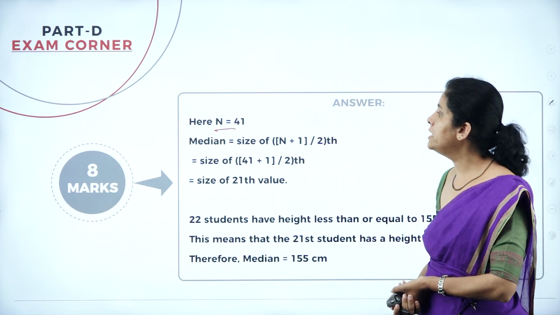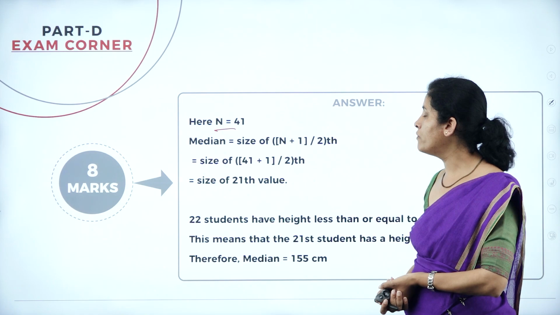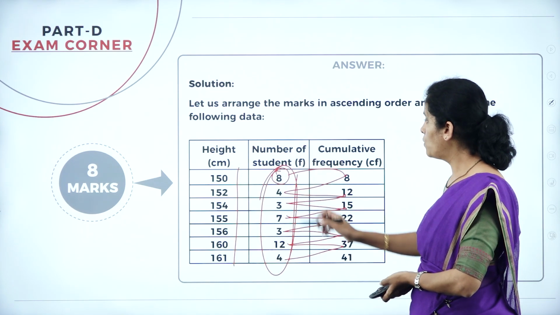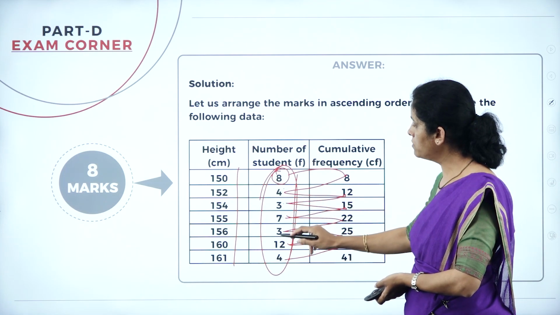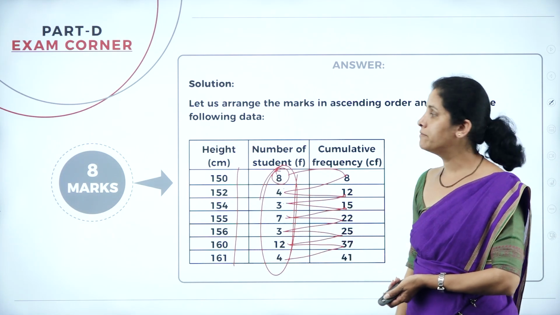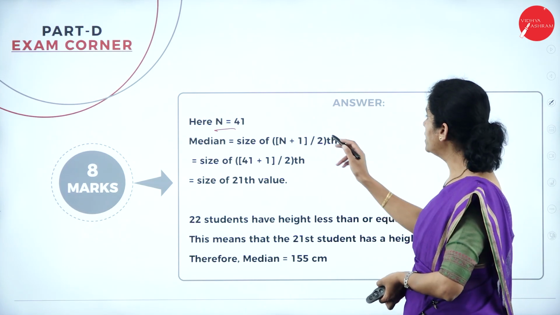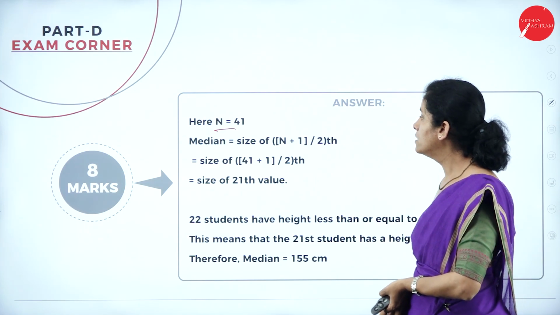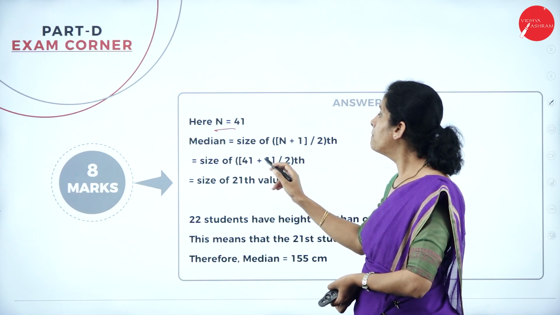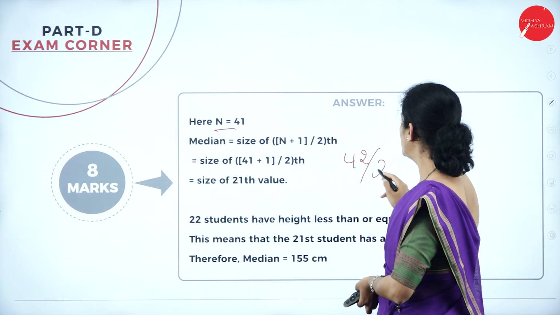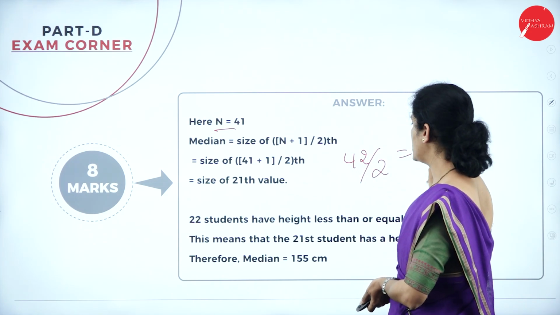So here median equal to size of n plus 1 divided by 2. Okay, I have an odd number, so n plus 1 divided by 2. So here 41 plus 1, it is 42, divided by 2, it is 21.